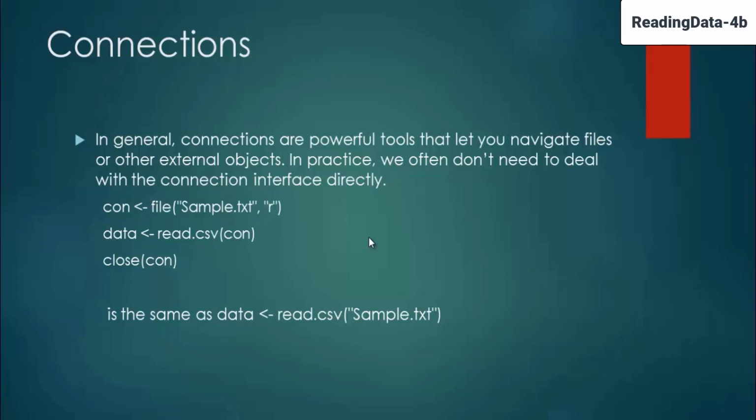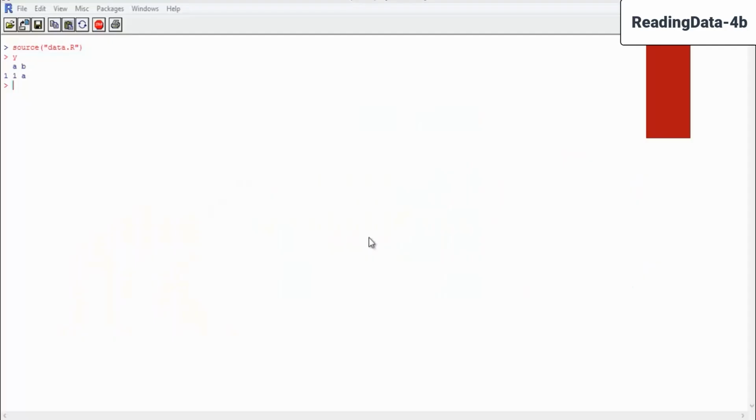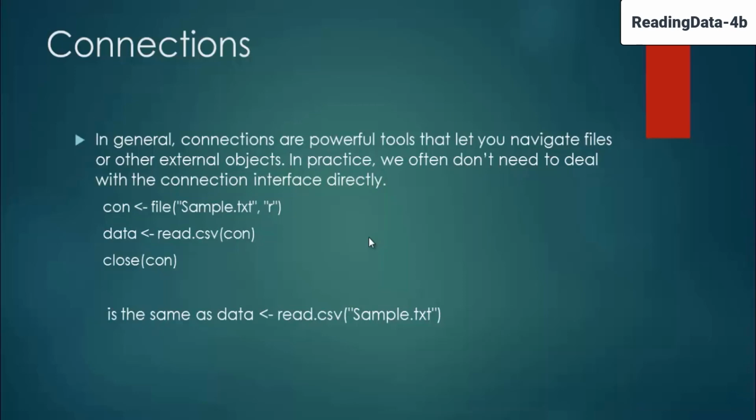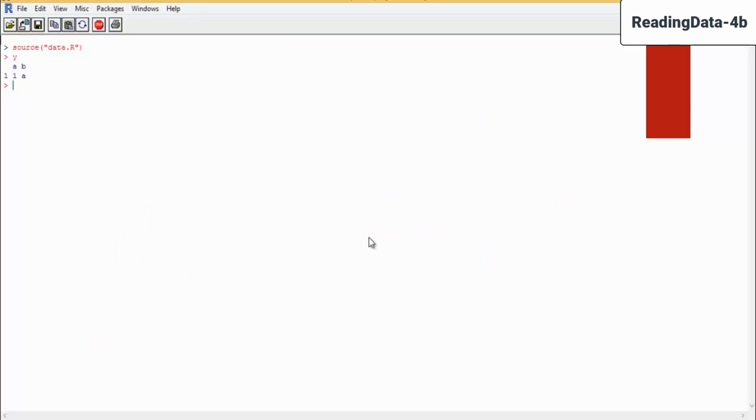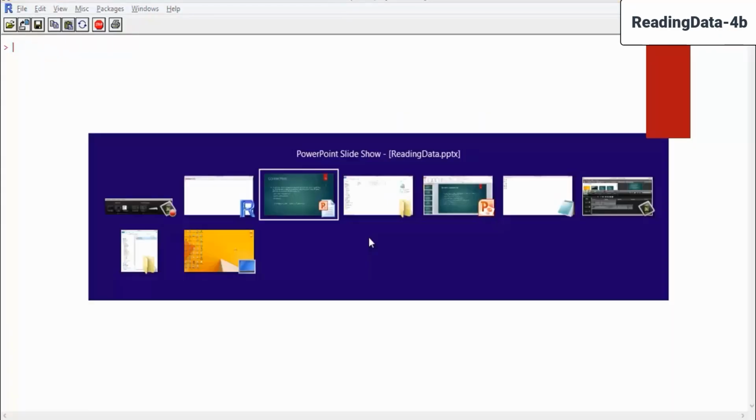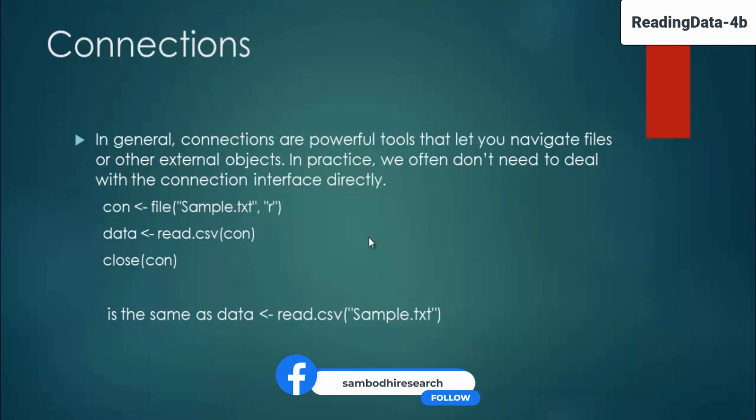Going on to connections: in general, connections are powerful tools which help you navigate files or any other external objects. You don't need to deal with this connection interface directly. Let's say you want to use a connection for the sample file that we created earlier. Ctrl L clears the contents of the screen.